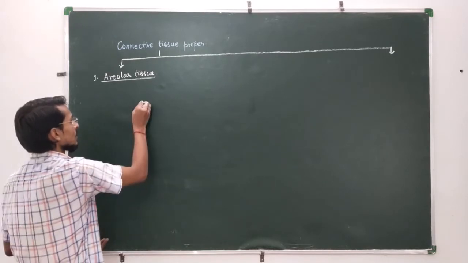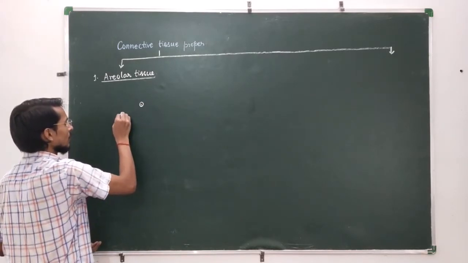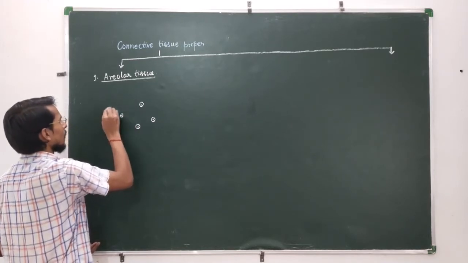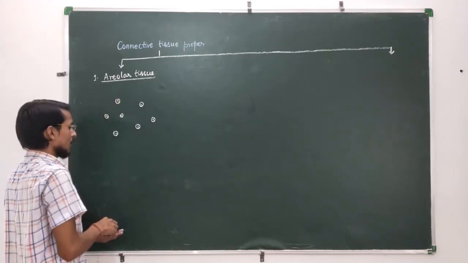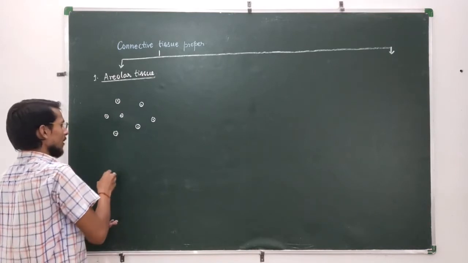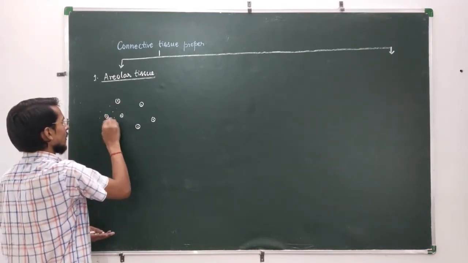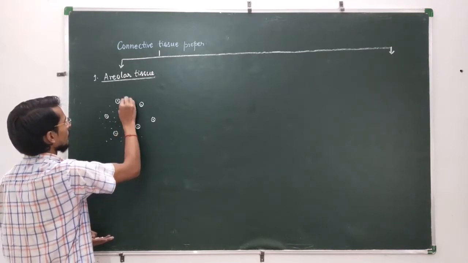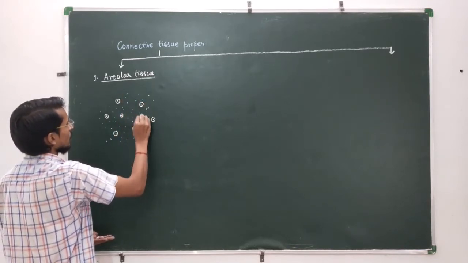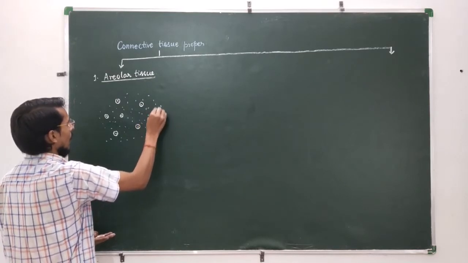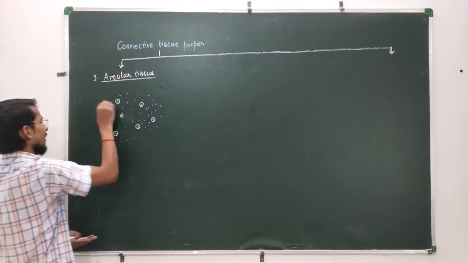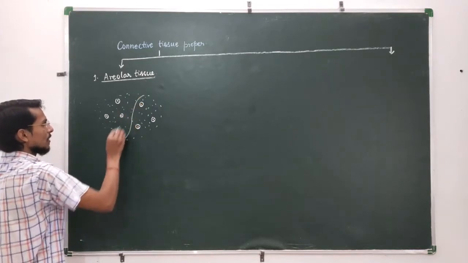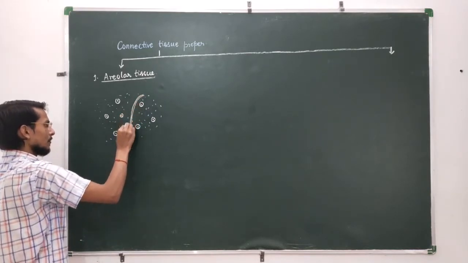So it contains few number of cells in this manner, and the space between the cells is filled with a fluid substance called matrix. And in the matrix there are bundles of white fibers like this.